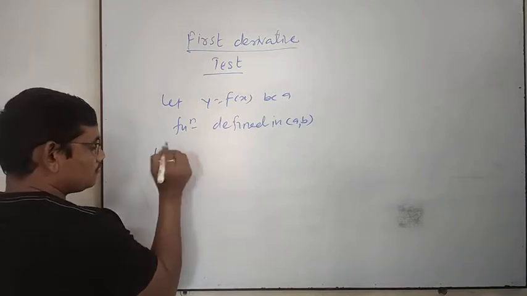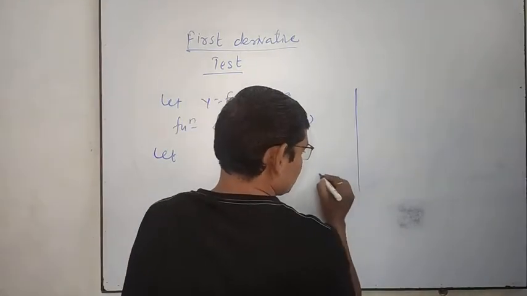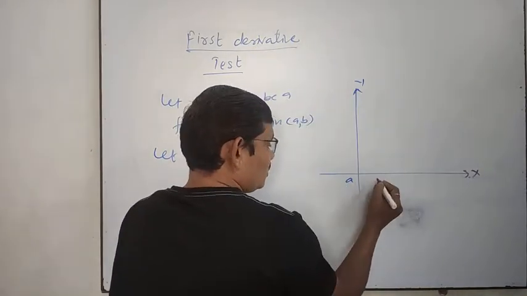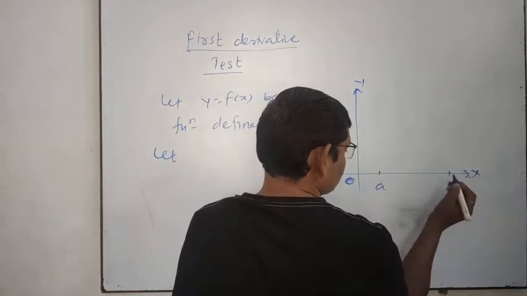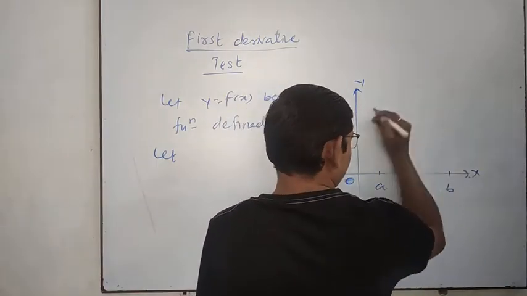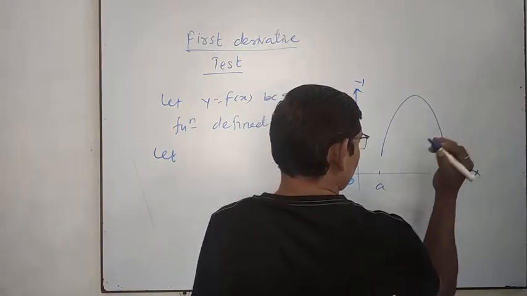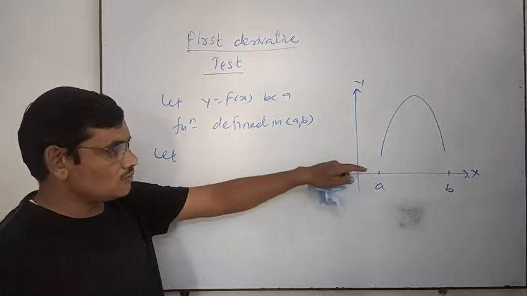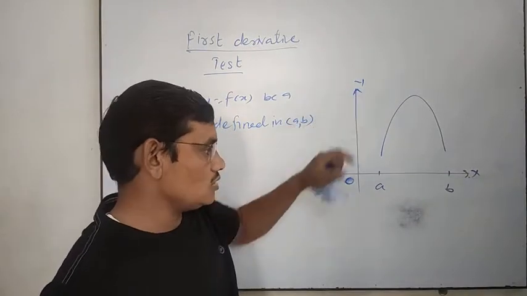Here the function is defined in the interval ab. So let us consider the function in the interval ab is like this. Nature of function is like this.